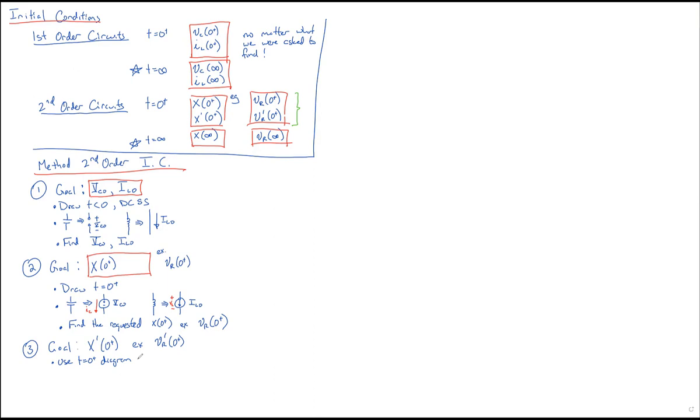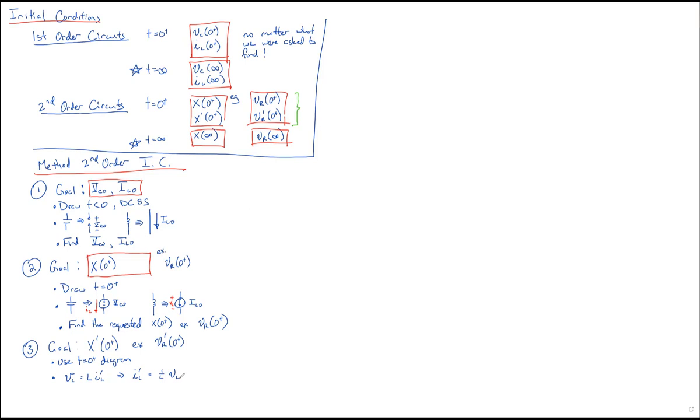To go from regular currents and voltages to the derivatives of currents and voltages, you will always use these two laws. You know that the voltage across an inductor is equal to the inductance times the derivative of the current through it. So the derivative of the current has got to be 1 over L times the voltage across it. But you just found all of the voltages across all the components.